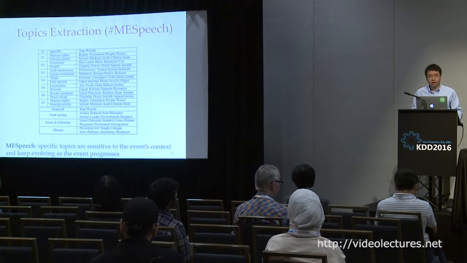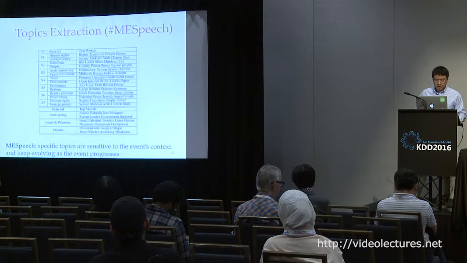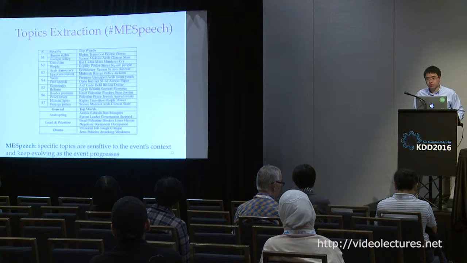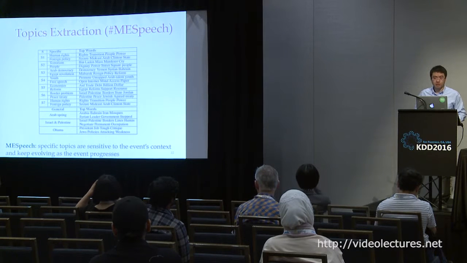Here are the extracted topics from Twitter and from the event segments. According to our qualitative evaluations, the extracted topics are much better and make more sense than the time window-based approach.